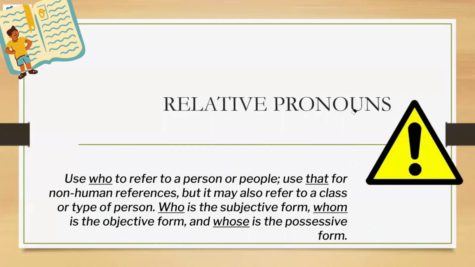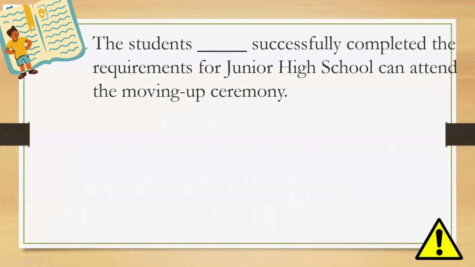Now I will show you another example using relative pronouns, which can be erroneous and at the same time confusing. Let's check. The students successfully completed the requirements for junior high school can attend the moving up ceremony. My question is, are we going to use who or whom?